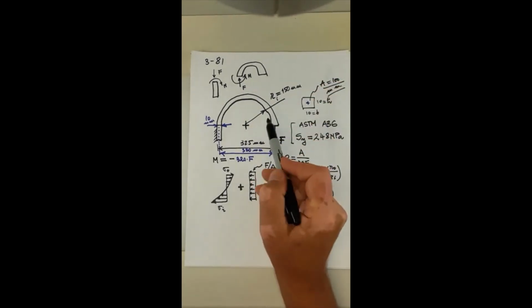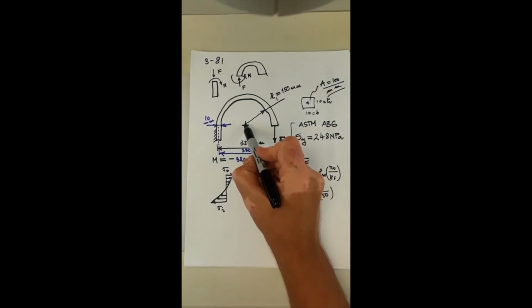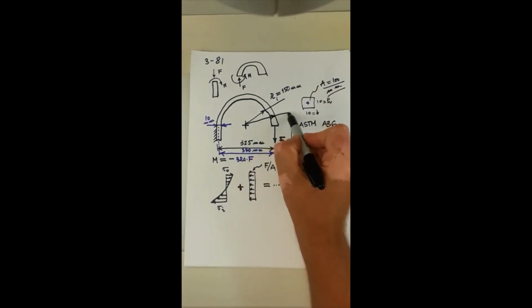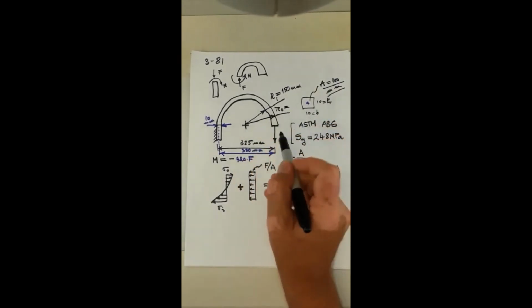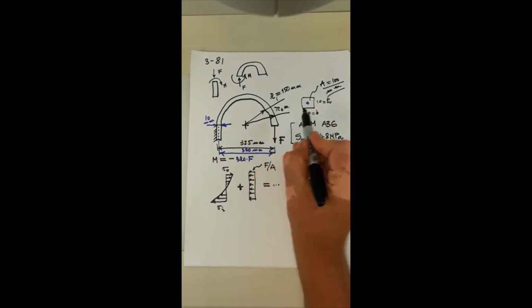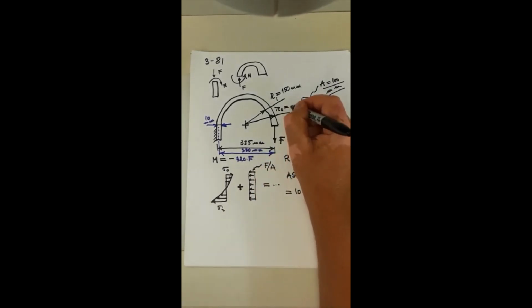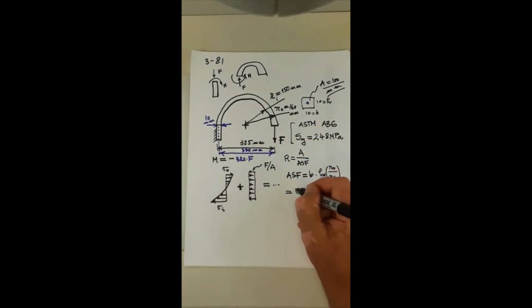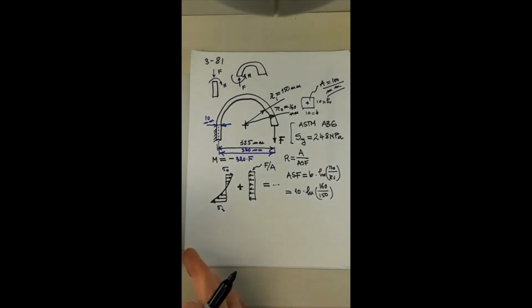Outer radius is going to be 10 plus 150, so 160 millimeters. So 160 over 150, it is 16 over 15, and then natural logarithm and times 10.